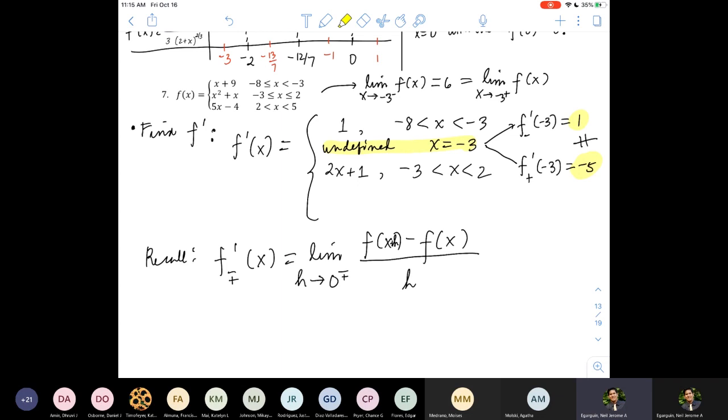So there's a sudden change in the behavior of the function, making the graph non-smooth. Therefore, it's not differentiable at -3. That is, the derivative doesn't exist at -3.